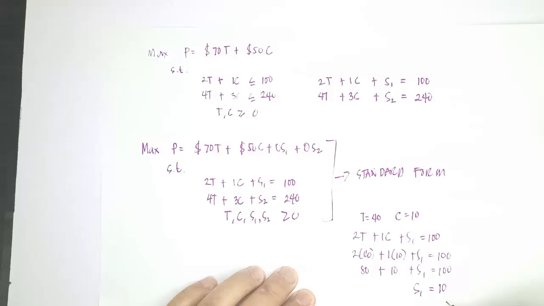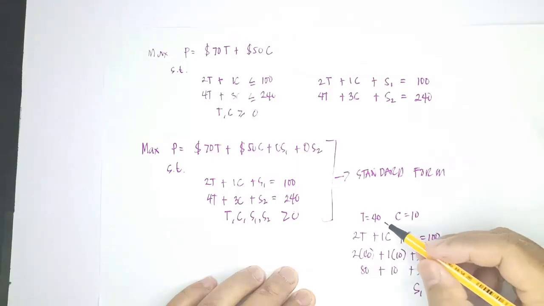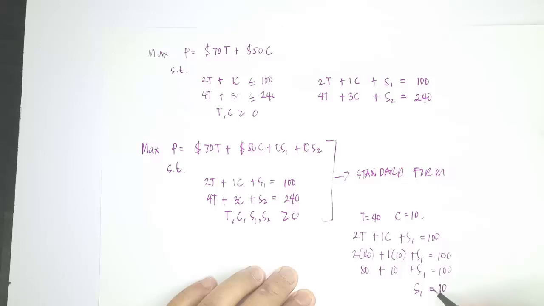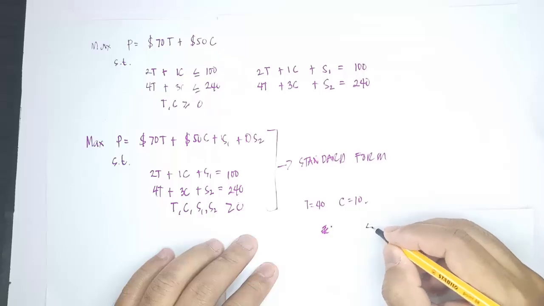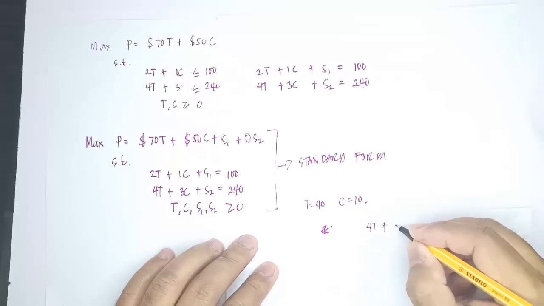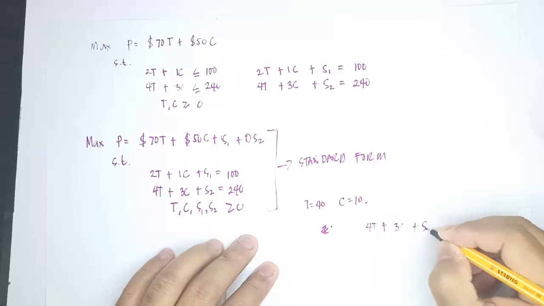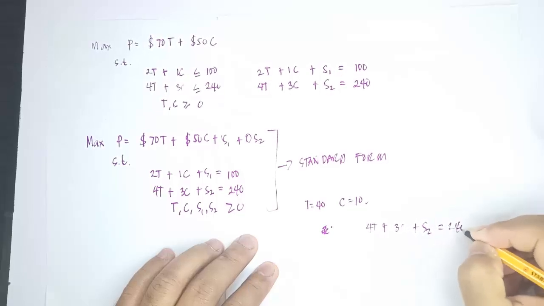Which means, if you are going to produce 40 tables and 10 chairs, there would be 10 hours of painting time unused. In the same way, using the second constraint, 4T plus 3C plus S2 is equal to 240.